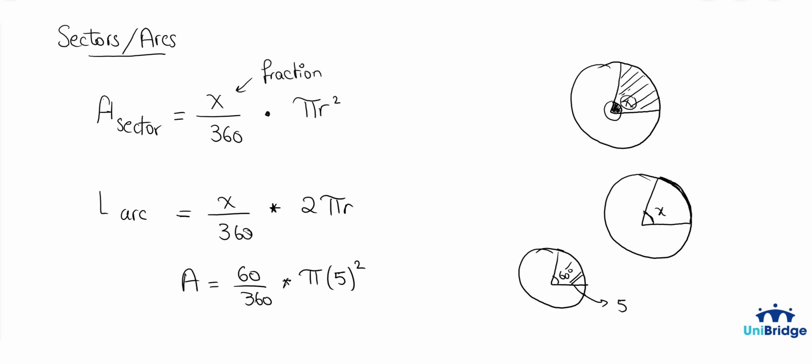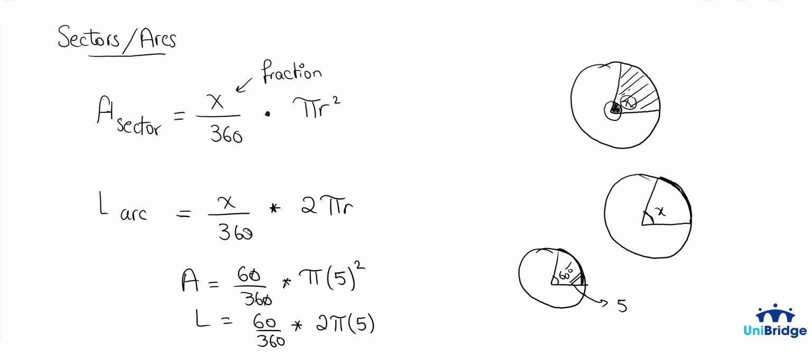If I want the length of the external arc outside this part, then the length is going to be 60 over 360 again, which could be simplified to 1 over 6, multiplied by the total circumference of the circle, which is 2 times pi times 5.